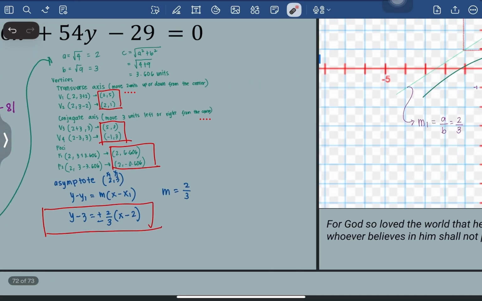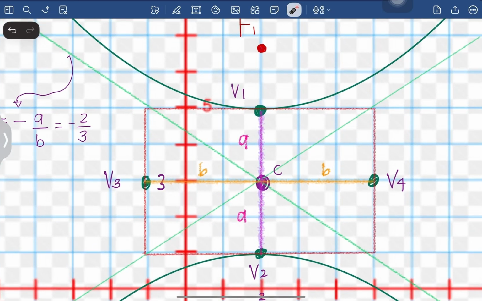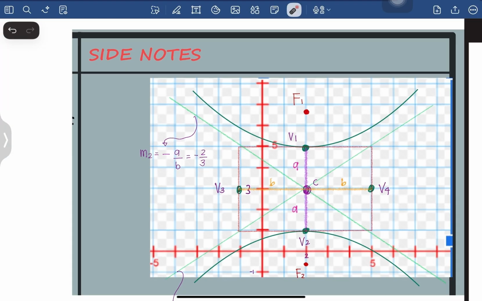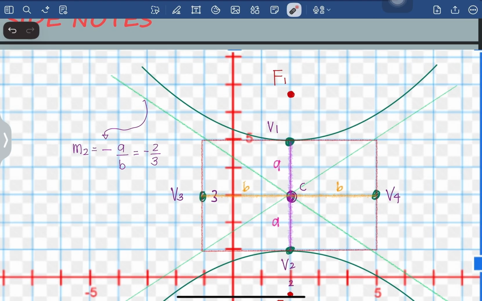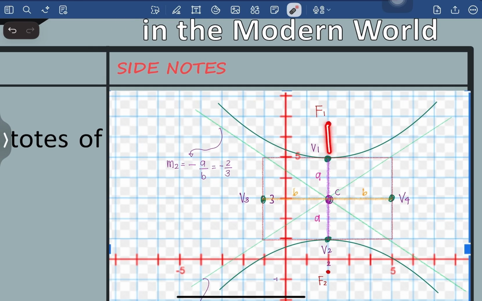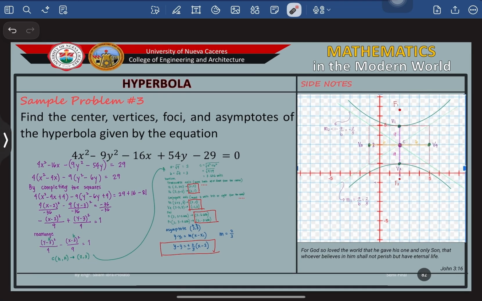No? So, kung makita nyo, mas mahaba yung b dito, pero hindi siya yung transverse axis. So, yung transverse axis, dyan yung makikita yung distance A. Then, from the center to one of the foci, that is the C. Okay?